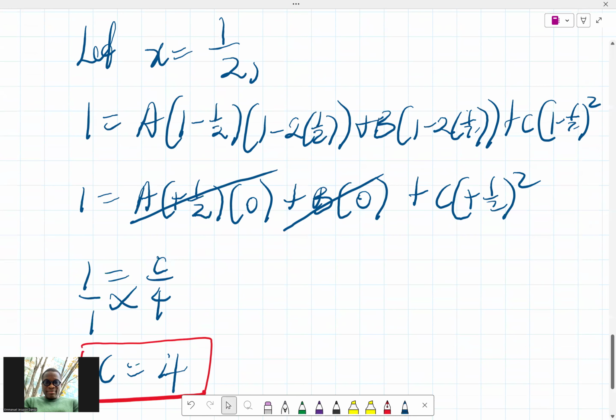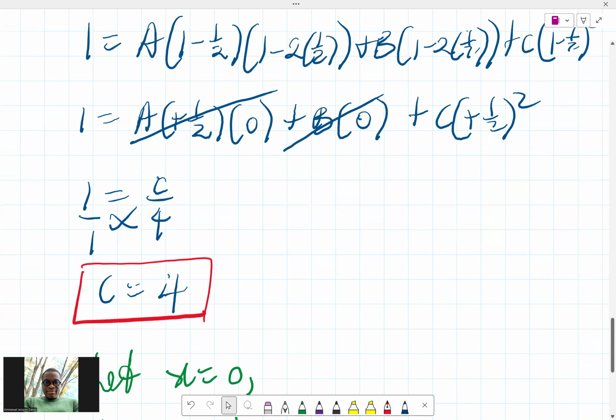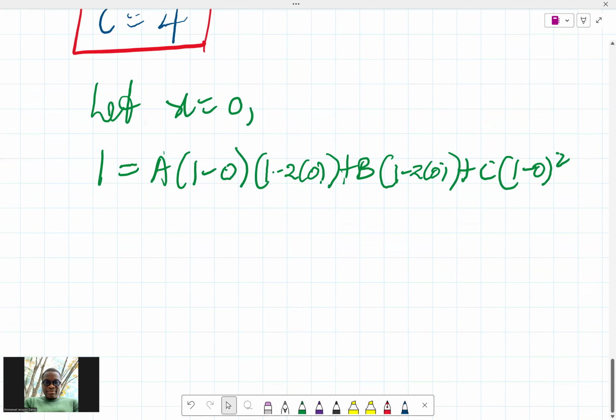Here you may not have something canceling out outrightly, but at least it simplifies it so you can now go on.